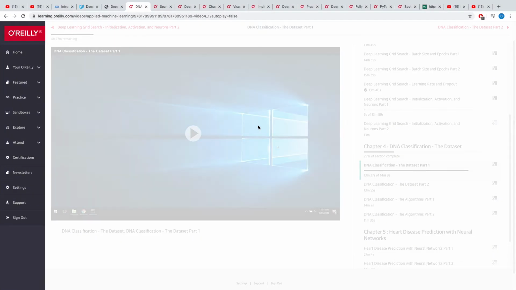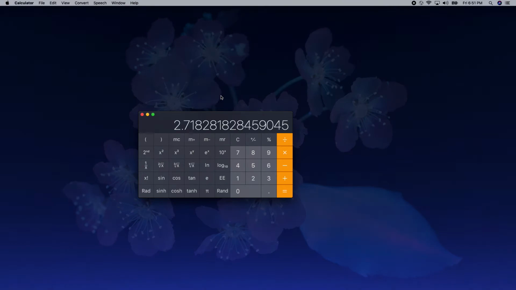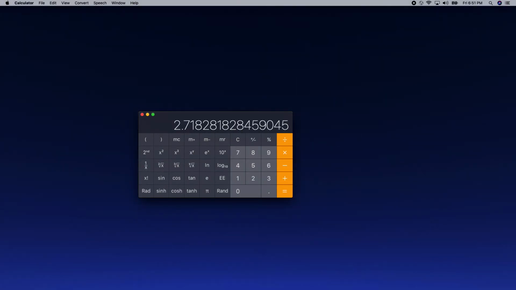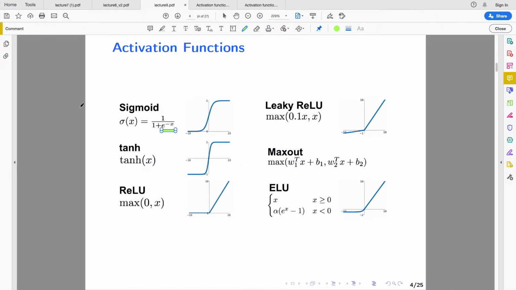So e raised to the power 0 gives us 1. So 1 plus 1 gives us 2. 1 divided by 2 will give us 0.5. So when our x is 0, the value will be 0.5.